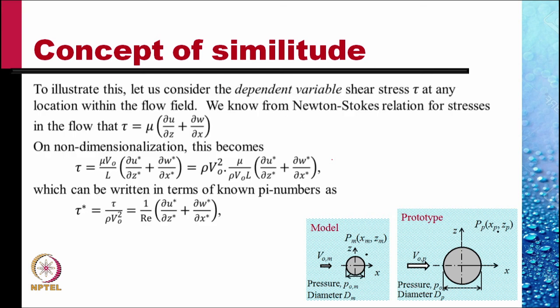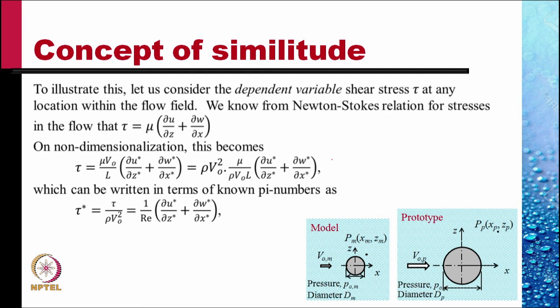To illustrate this, let us consider the dependent variable shear stress tau at any location within the flow field. We know from Newton's Stokes relation for stress in the flow that tau is mu times the rate of deformation, which in two-dimensional flows would be del u by del z plus del w by del x.